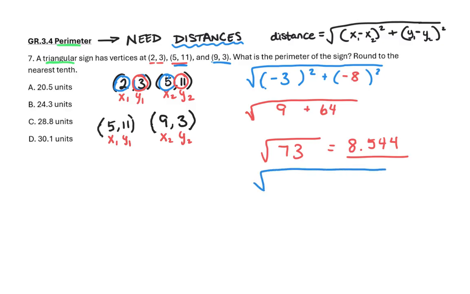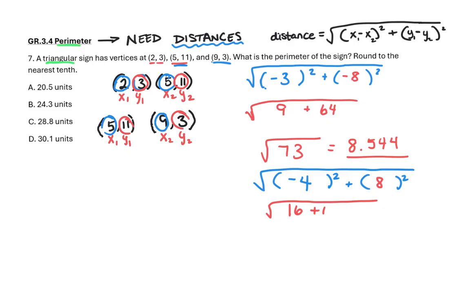I'm going to jump right to throwing them in here. And it's going to be 5 minus 9, which is negative 4. It's going to be 11 minus 3, which is 8. That's going to be a 16 plus 64, which makes square root of 80. Which is about 8.944.